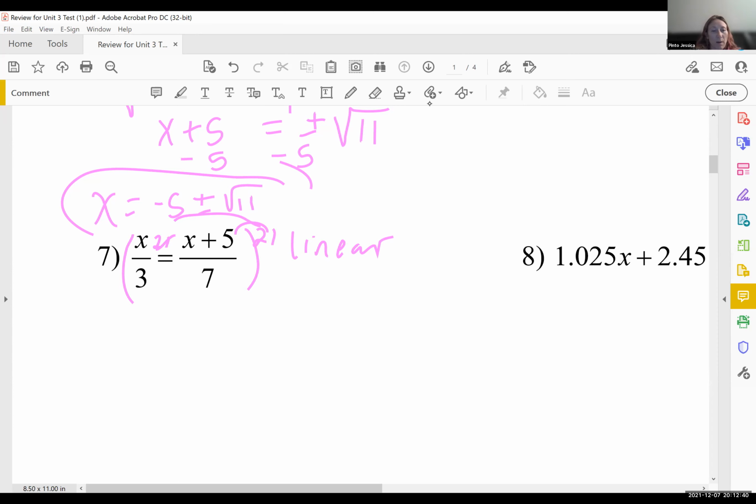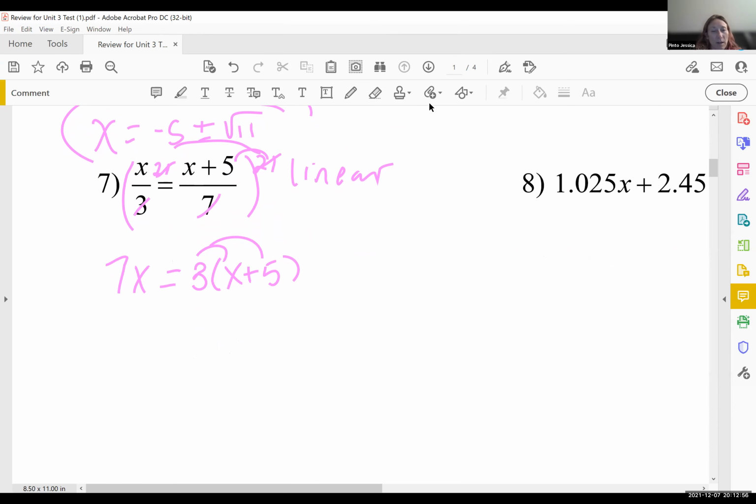So the 21 divided by 3 just gives me 7 times x, which is 7x. And then the 21 and the 7 here cancel, so I have 3. And then I put the parentheses so I remember to distribute. I'm distributing here instead of dividing so that I don't have a fraction until the last step.